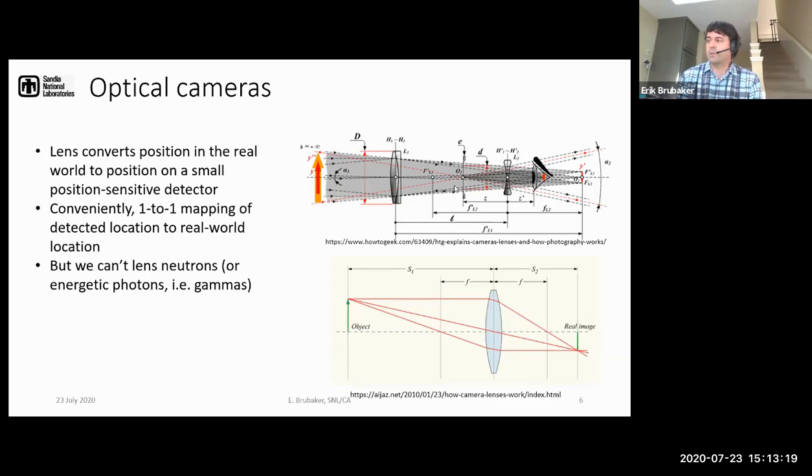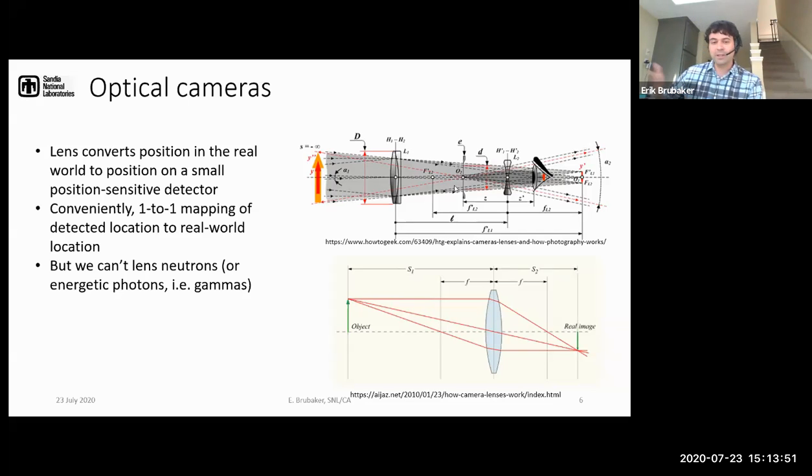Well, there's some kind of lensing system which converts where a photon is being emitted in the scene in front of you into a corresponding position on some position-sensitive detector inside the camera. And so you get this nice one-to-one mapping of where you're detecting that photon on the position-sensitive detector to the real-world location.